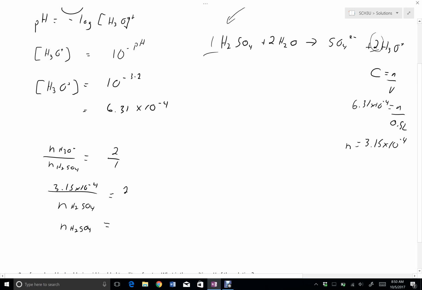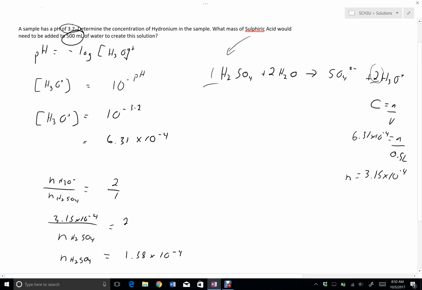Bring that up to the left-hand side and bring that down to the right, and I get, oops, not times, divided by 2. I get 1.58 times 10 to the negative 4 moles of sulfuric acid.